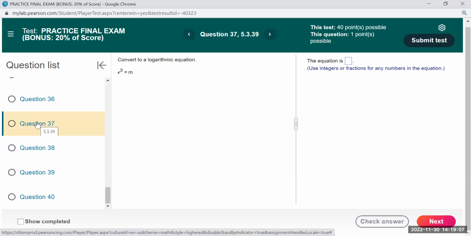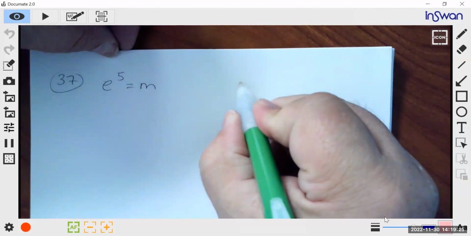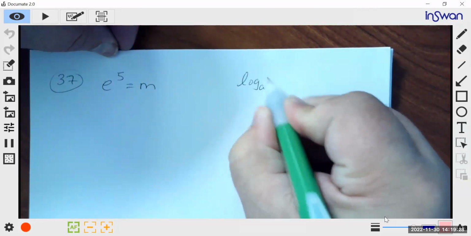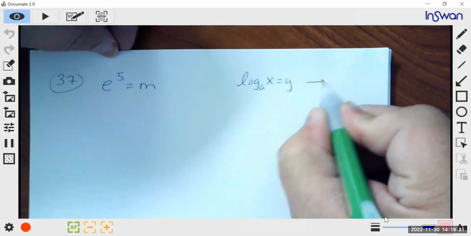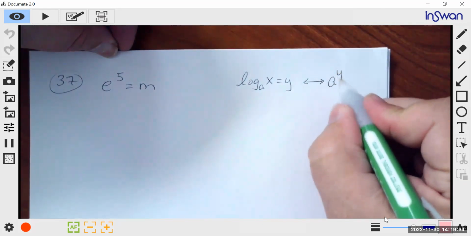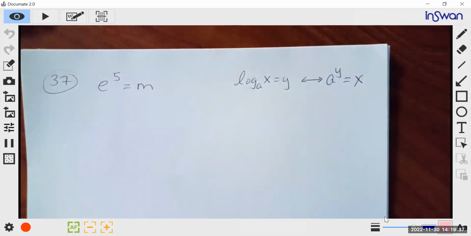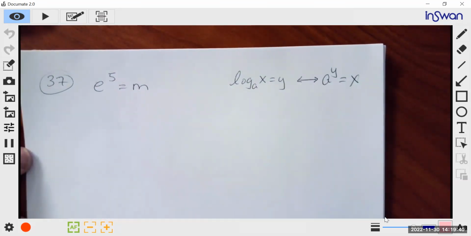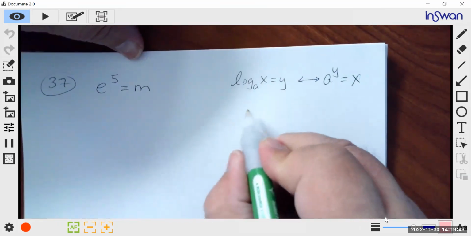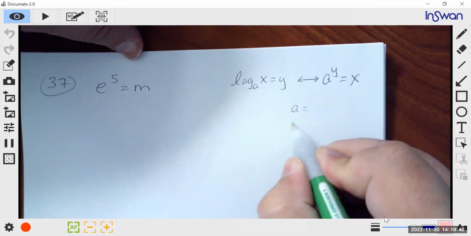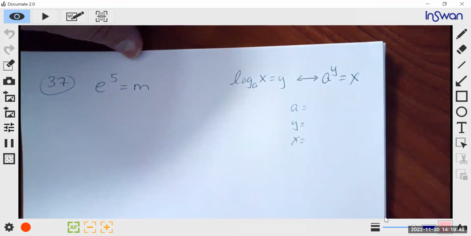Convert the exponential equation to a logarithmic equation: e to the 5 equals m. So here we can label our a, y, and x and just plug them in.